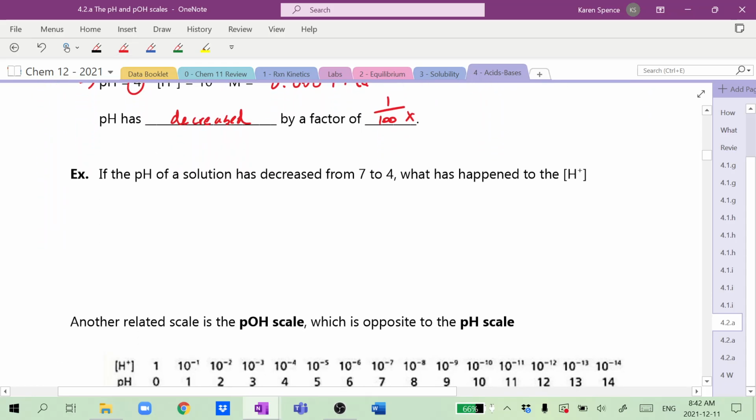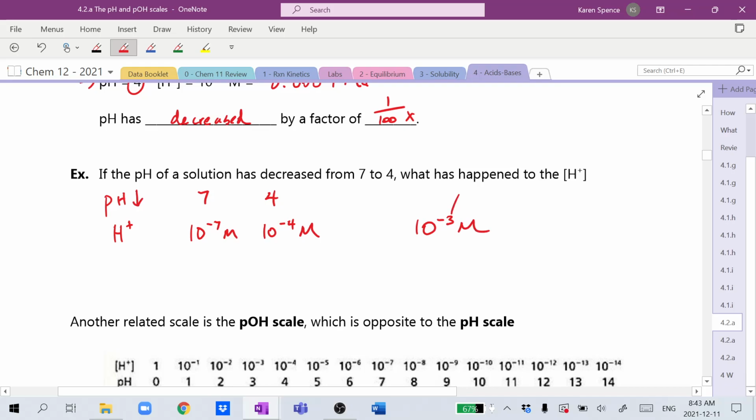If a pH of a solution has decreased from 7 to 4, okay, so we have pH, and it's decreasing from 7 to 4, what happens to hydrogen? Well, first of all, our corresponding hydrogen concentrations, that's going to be 10 to the negative 7 molar and 10 to the negative 4 molar. So the difference between those two is 10 to the negative 3 molar.